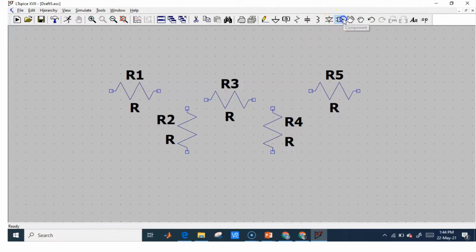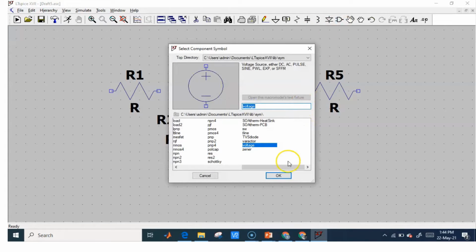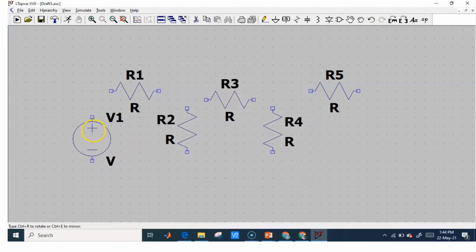And we have 2 supplies. Now we are going to connect the circuit diagram.